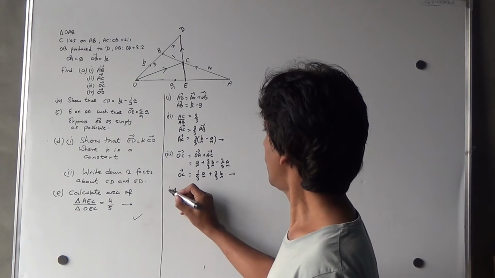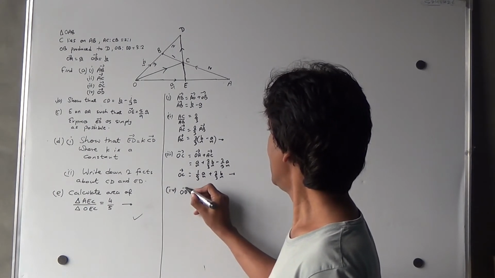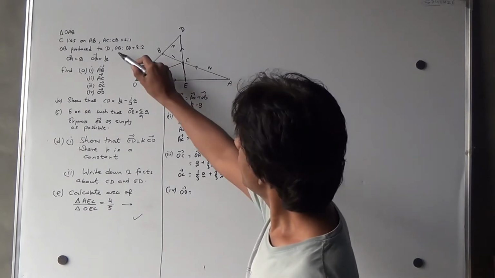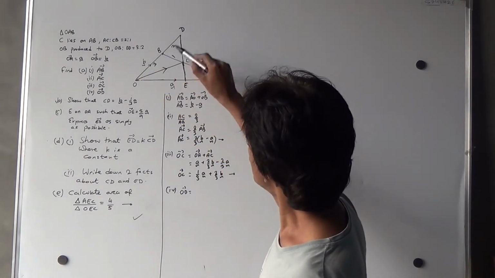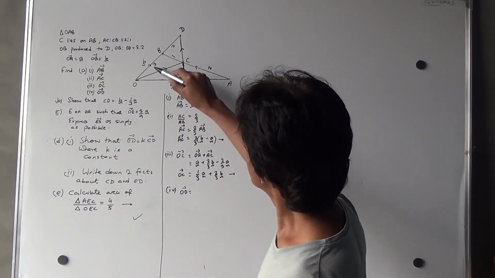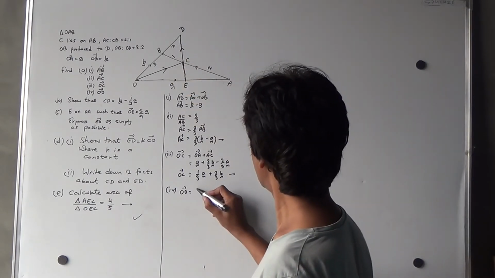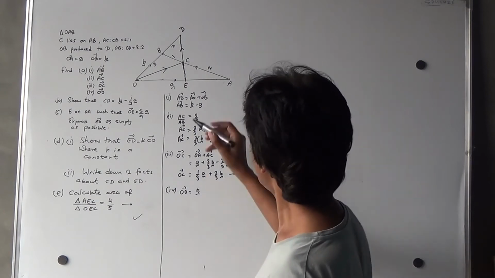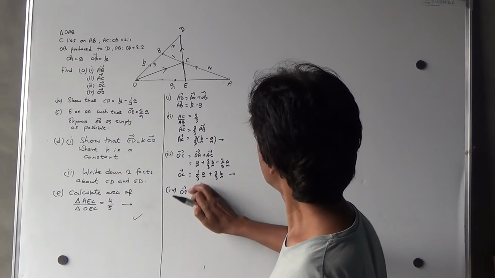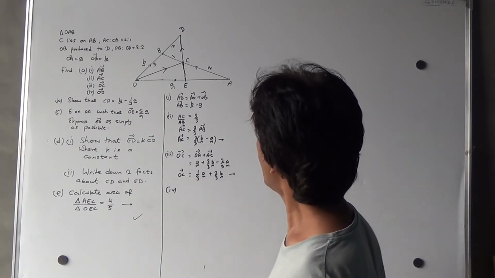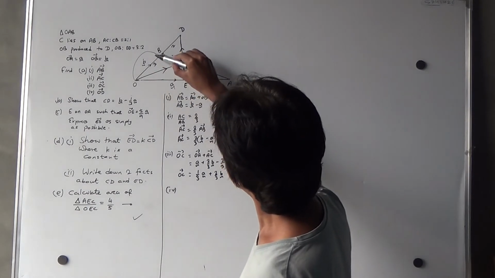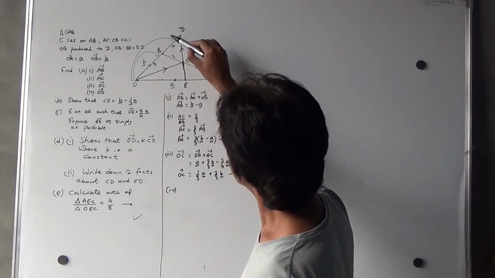We need to find the vector OD. Okay, for the fourth part, we know that OB to BD is 3:2, so OD is 3 plus 2, which is 5. If we want to find the vector OD, we can use OB to OD.